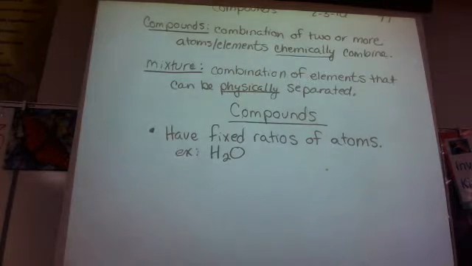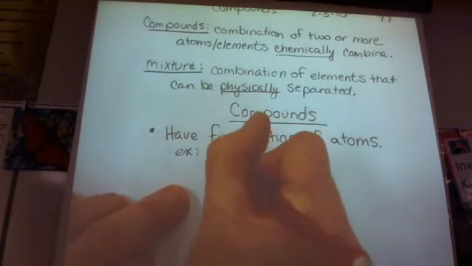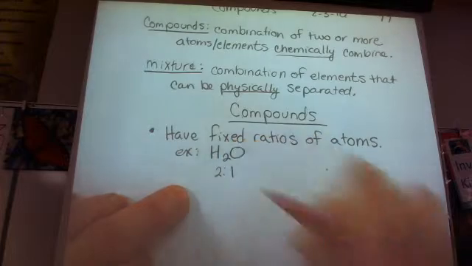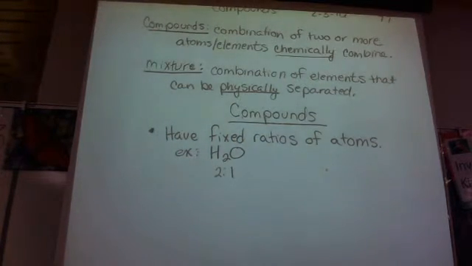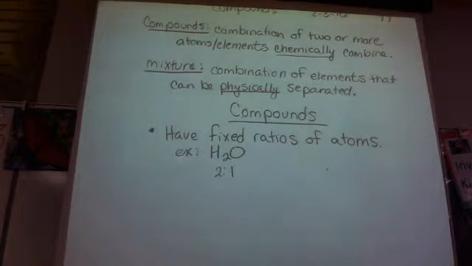That's that fixed ratio. So the fixed ratio is 2 to 1. Okay? Now if it's 2 to 2 or 1 to 1, you don't have water. It's got to be 2 to 1.